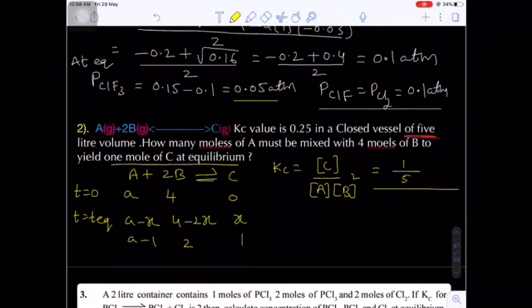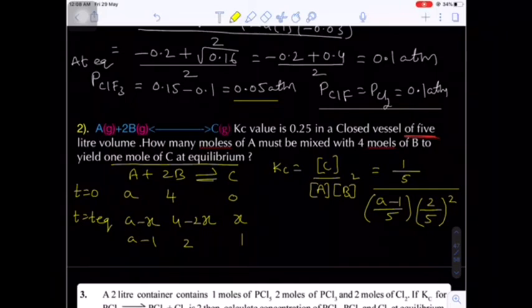Whole divided by (A minus 1) moles of A, whole divided by 5, multiplied by (2 moles of B, whole divided by 5), whole square, because the stoichiometry of B is 2. That's why I am writing whole square.